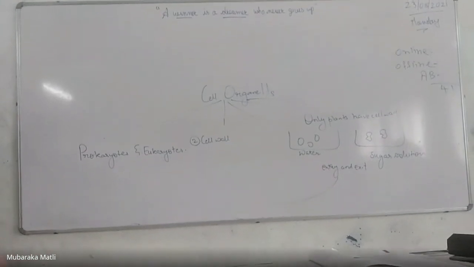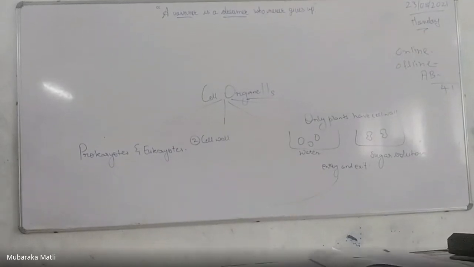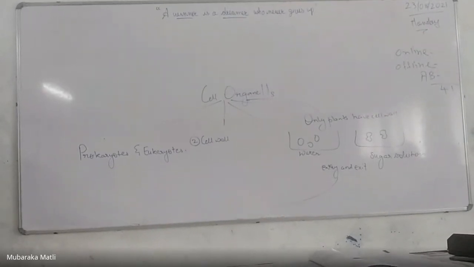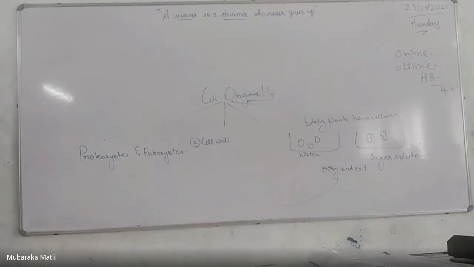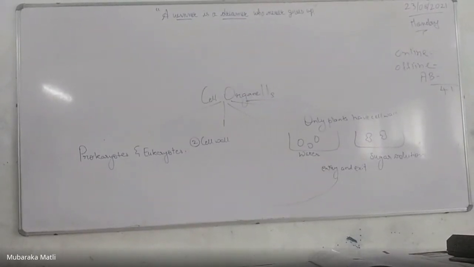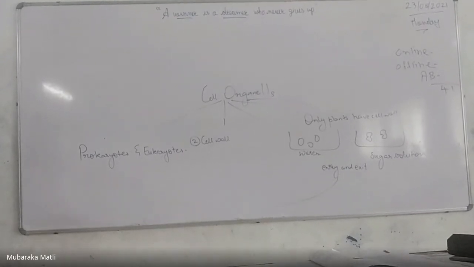I'm just going through revision, okay? We are not yet studying further. I'm just getting you back online. What are prokaryotes and eukaryotes? If your answer is yes, that all cells have nucleus, then what about these two?